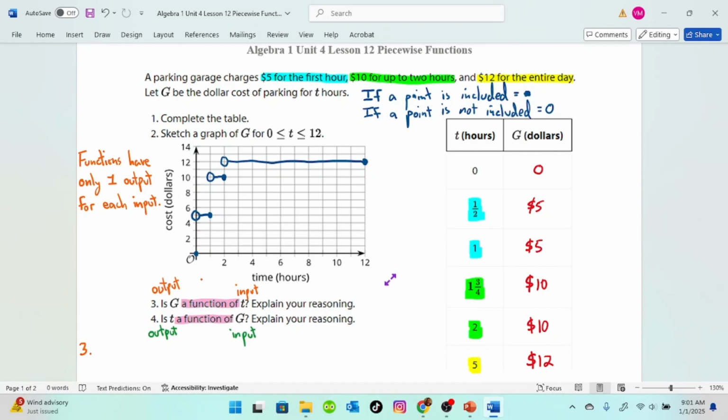Every time has exactly one price that goes with it. So for number 3, the answer is yes, because each time has only one cost.